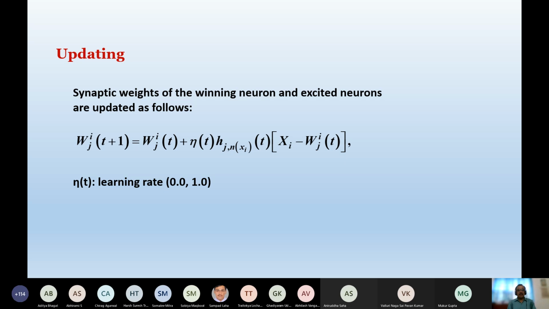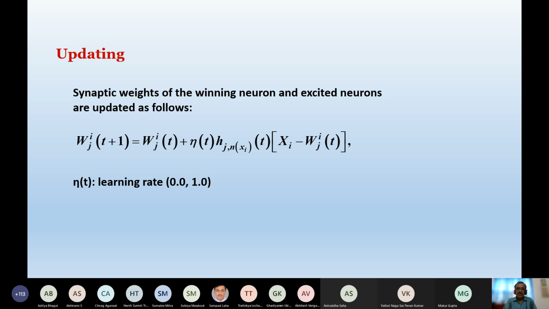Now, based on this cooperation, both the teachers as well as the students are going to update their knowledge. How to update? It is very simple. w_j(t+1) is nothing but w_j(t), that is the previous iteration, plus eta(t), that is the learning rate, multiplied by h_j,n(x_i)(t), that is the neighborhood function based on distance, multiplied by (x_i minus w_j(t)).